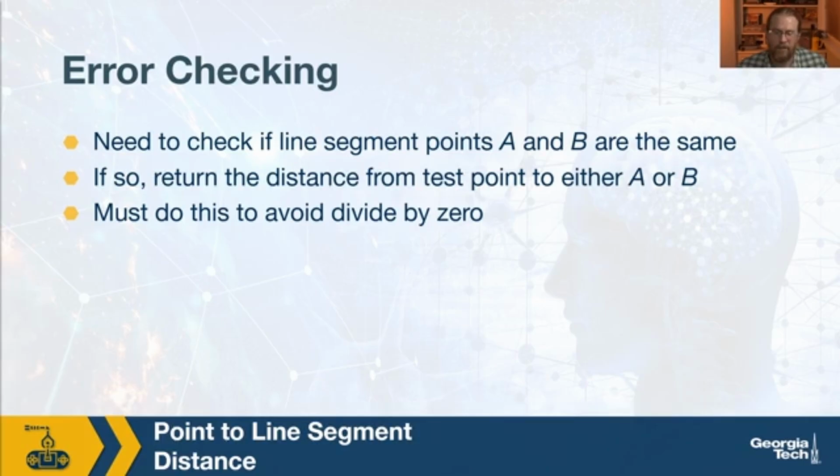If they are, then we have a special case where the distance we return is, you just pick A or B because they're the same, and take the relative position vector between our test point and A or B, and then the magnitude of that is our distance to the line, even though it's not really a line. So that avoids the divide by 0. This is a pretty straightforward implementation, but it has some nice little optimizations to it.